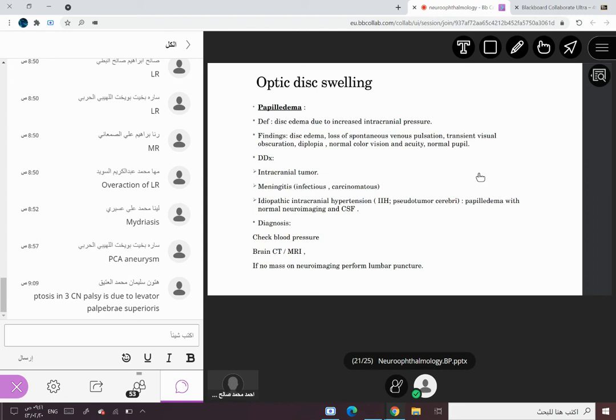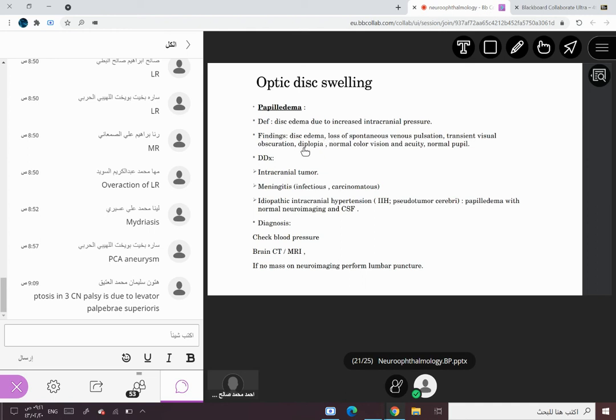This chronicity, due to the nature of the disease, will lead to atrophy of the nerve fibers. This atrophy will be manifested on one side, with the recurrence of the papilledema or recurrence of the increased intracranial pressure. The affected side will have a pale disc, and the other side, if he has an acute on top of chronic, will have a disc edema. But we'll take the general and most common presentation.